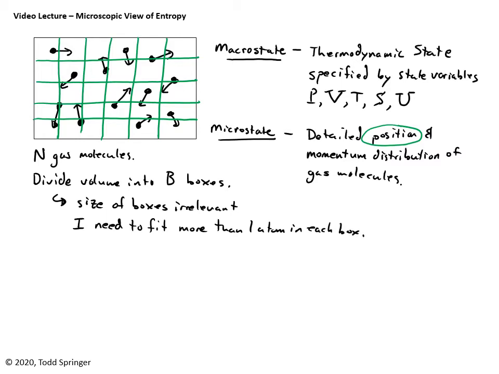So don't make the box the size of an atom, is the upshot. But as long as you have some division, some number of boxes, which I'm calling B, the actual number is not going to matter. Okay, so suppose you had one atom.